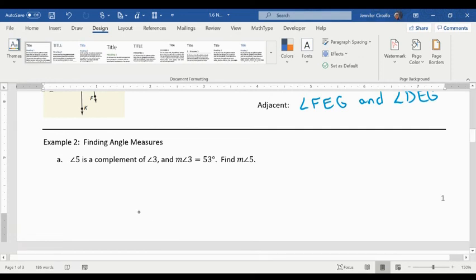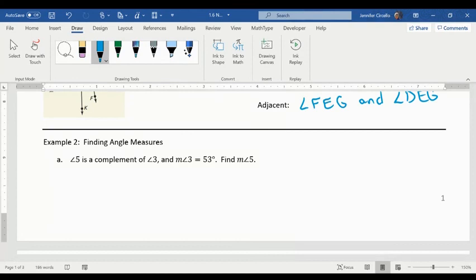So we know that these 2 angles are complements. That means that the measure of angle 5 plus the measure of angle 3 is 90 degrees. Then they told us that the measure of angle 3 is 53. So I can erase this part and put a 53 in there.